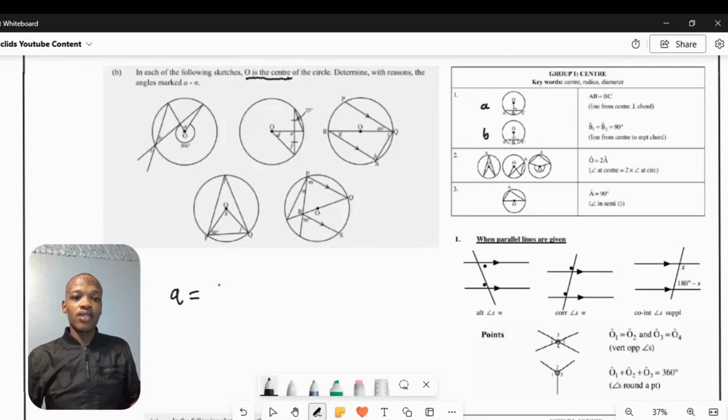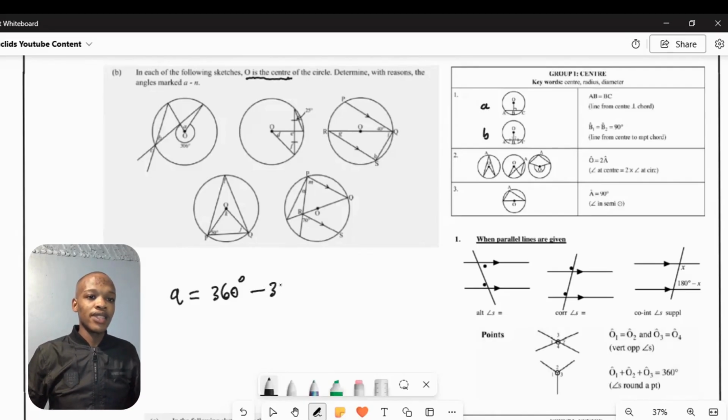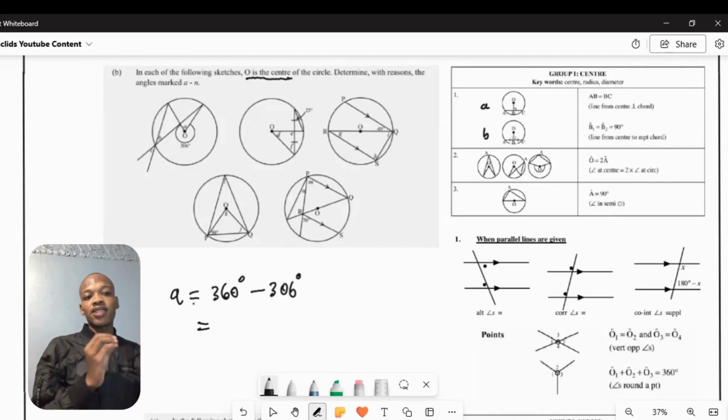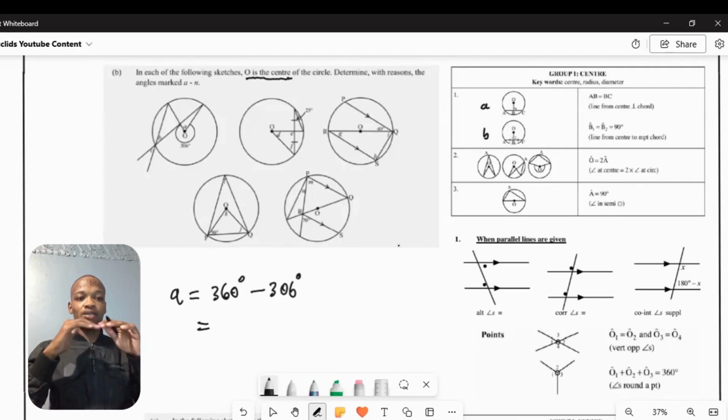So A is equal to 360 degrees minus 306 degrees. But in order to write it properly, you should write A plus 306 is equal to 360, and then you give a reasoning. That's the first thing we should have written here.